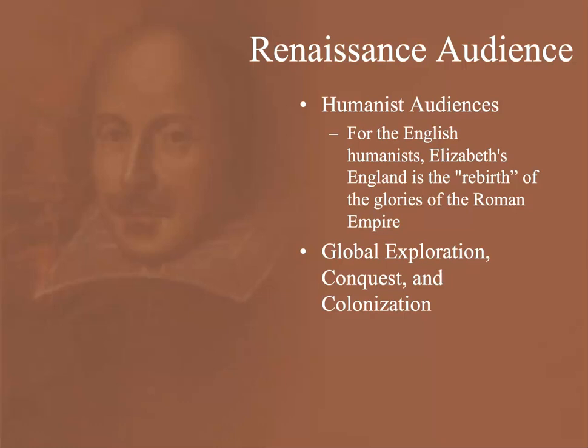For English humanists, Elizabeth's England was the rebirth, a renaissance of sorts, of the glories of the Roman Empire. And so this connection back to Roman and Greek mythology, ideas, history, really classical antiquity, connected to Shakespeare's contemporaries.